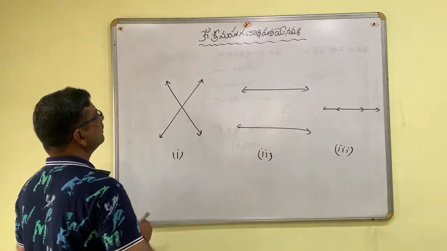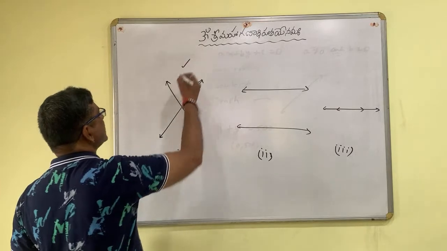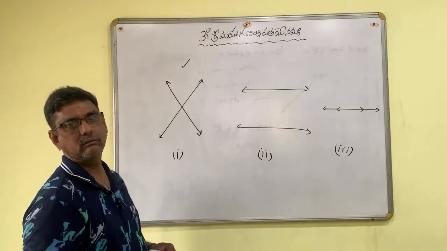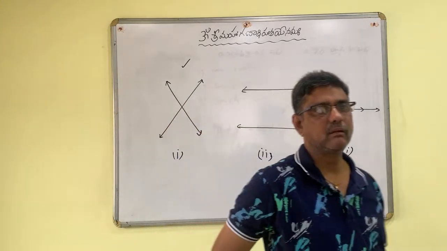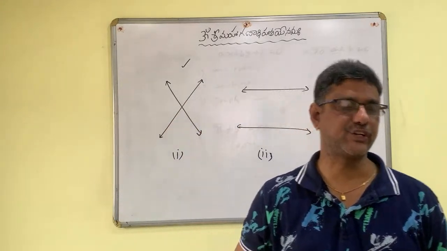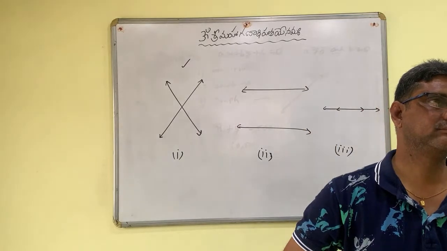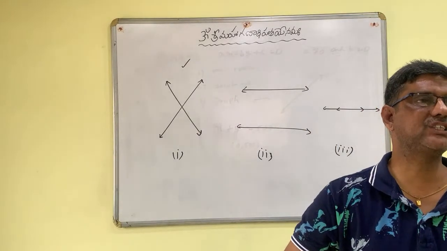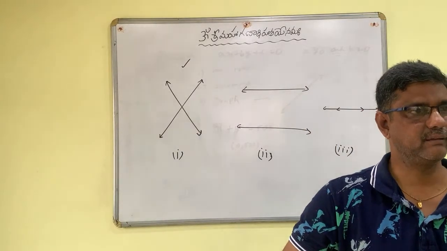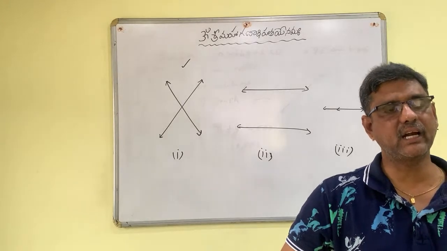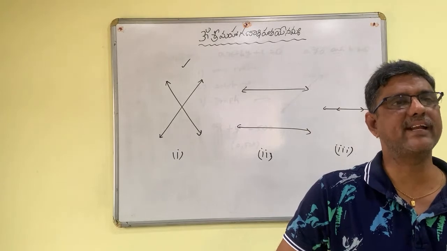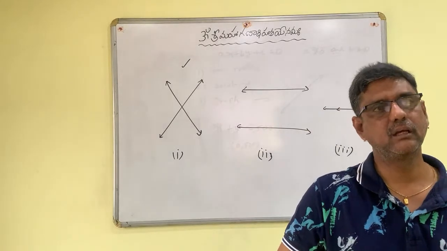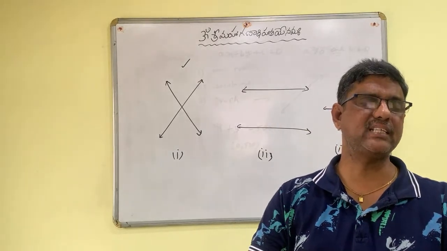Now, this chapter talks about the first situation. If the straight lines are intersecting, in how many points will they intersect?